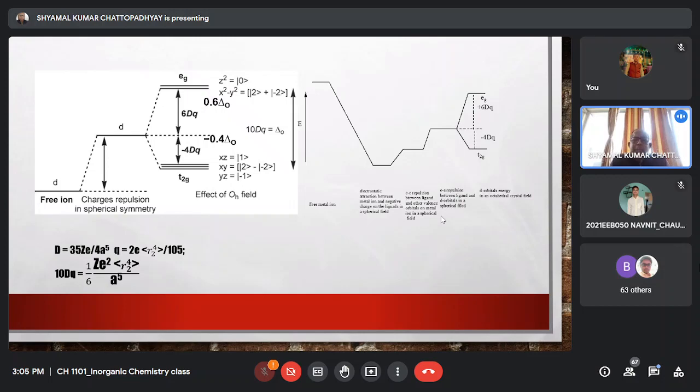The remaining around 80% of the bonding energy in a metal complex is provided by the covalent bonding, the overlap between the ligand orbitals and the s and p orbitals of the metal ion.